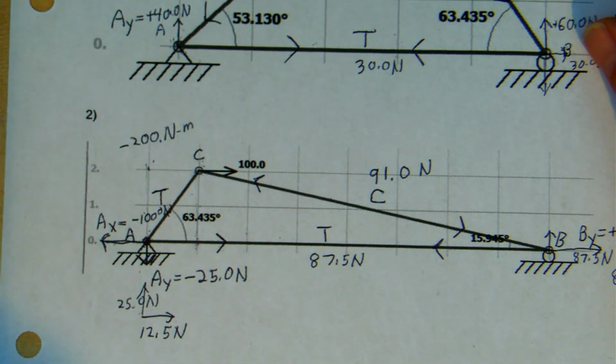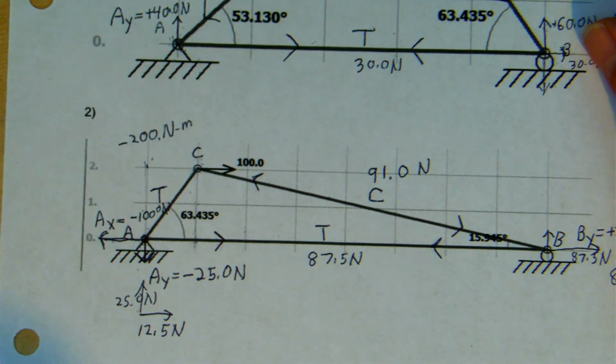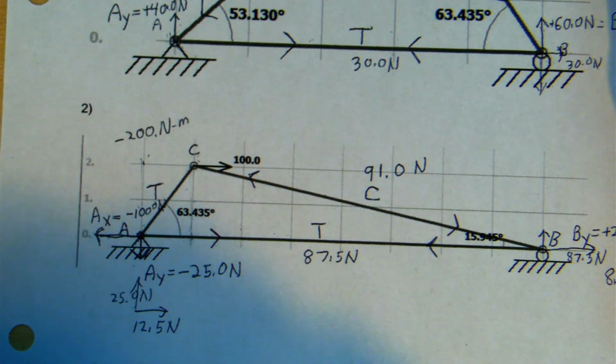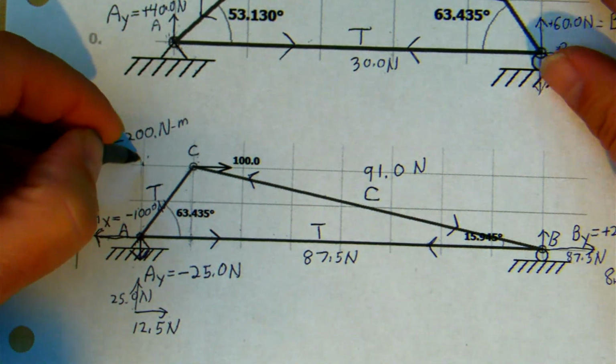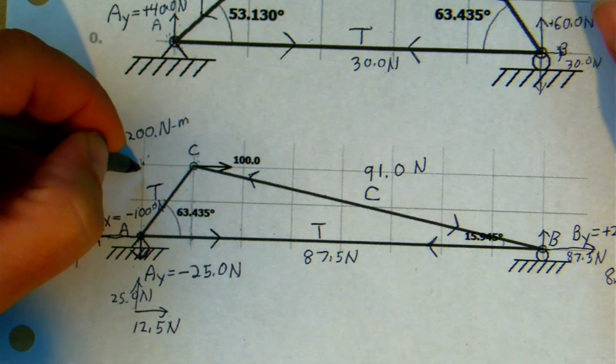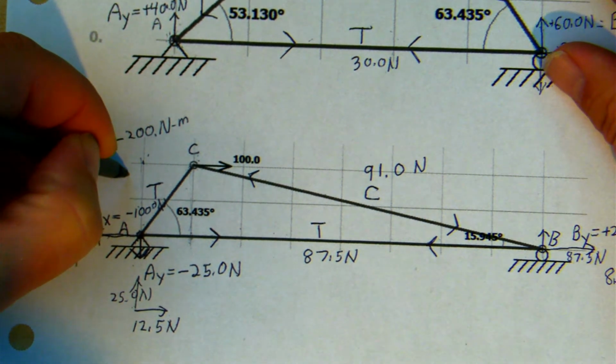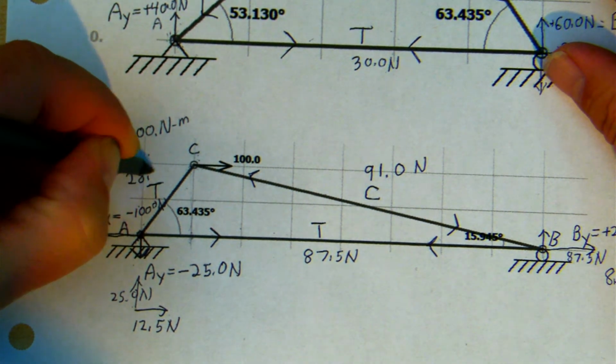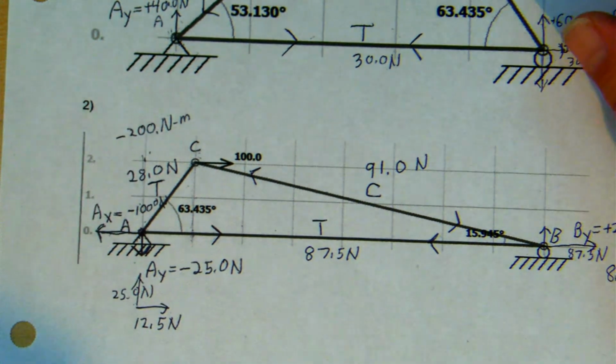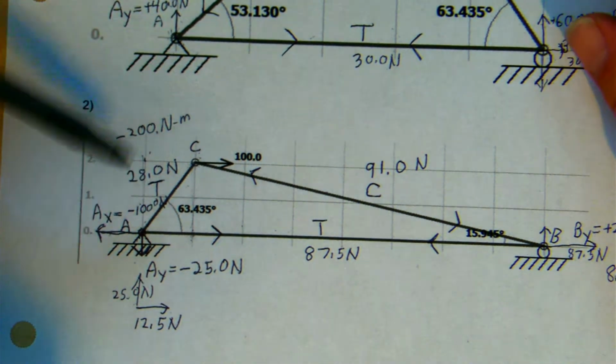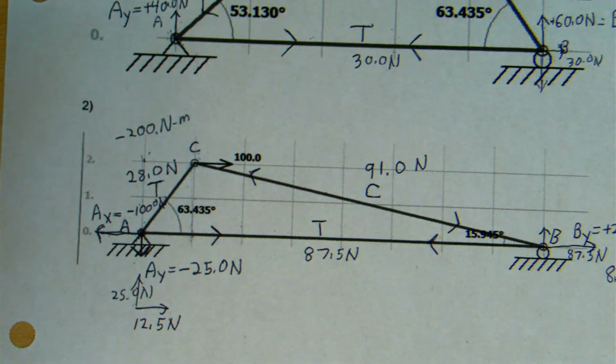And it goes beep, beep, beep, beep, and says the answer is 27.95084972. And I say, well, let's talk about sig figs. So 27.95 actually rounds up to 28.0 newtons will be the hypotenuse to 3 sig figs of member AC.